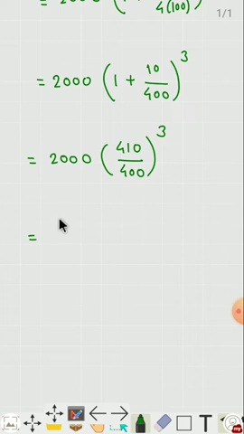And it is equal to, so do this calculation on your calculator and see what we get.